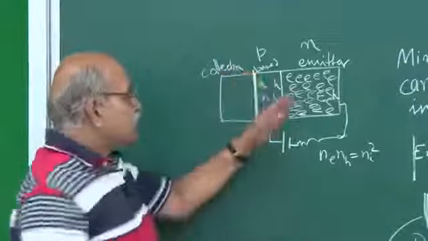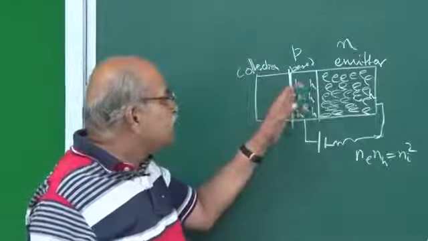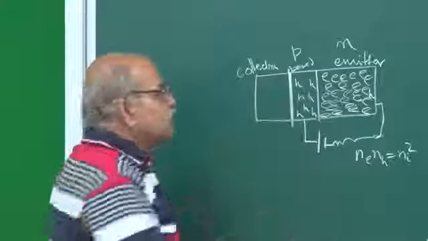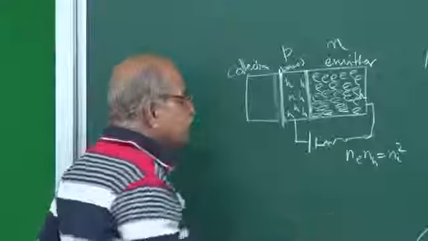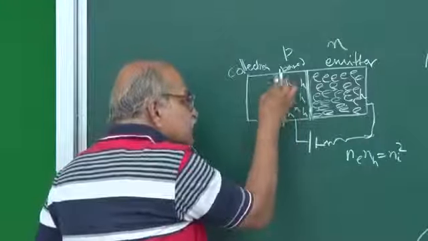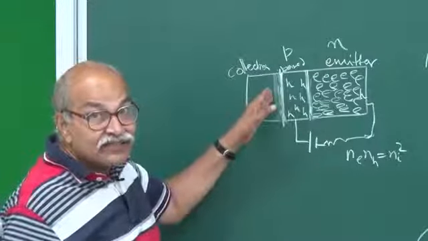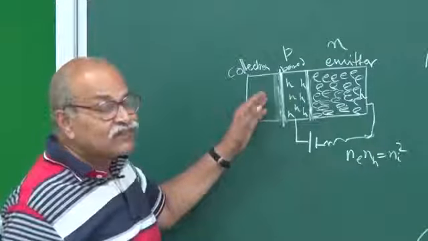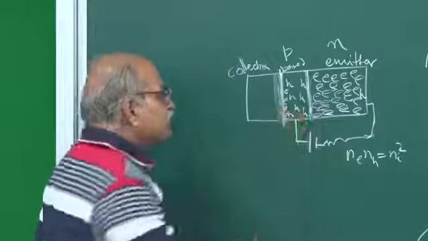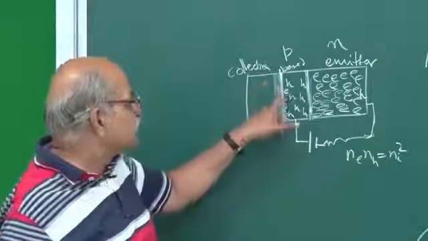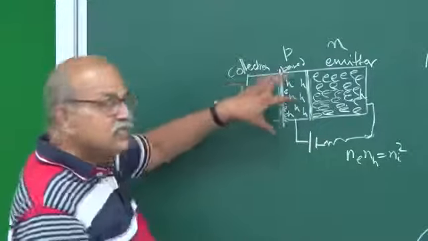So most of the electrons which are injected from here cross this P region and reach this depletion region here. You have a depletion region here at this junction, you have a depletion region here at this junction. So once they reach this depletion region, what kind of biasing is here? This is reverse biasing. And these electrons are minority carriers. For this PN junction, electrons are minority carriers, and the electric field is there to draw these electrons.